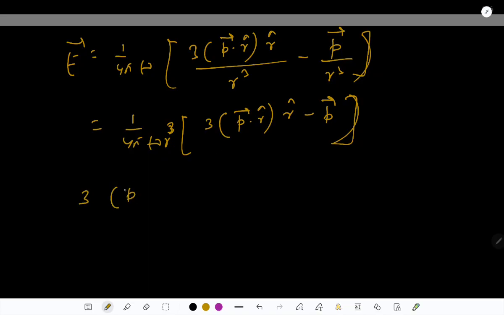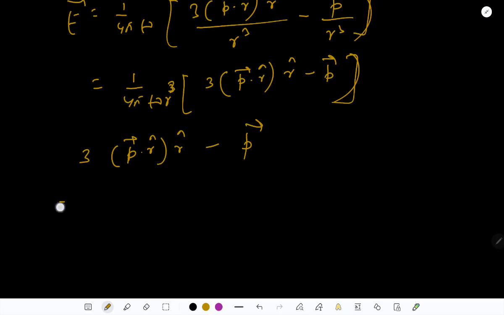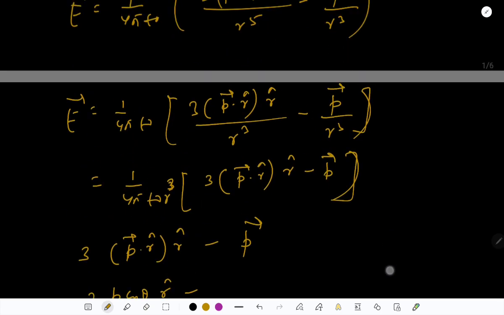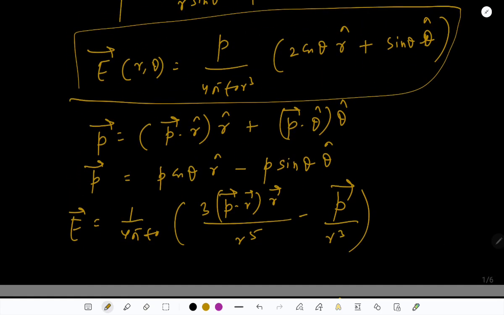3 p dot unit vector r minus vector p, simply by writing p dot r as nothing but p cos theta, and unit vector r minus p, and p we have earlier written like this.